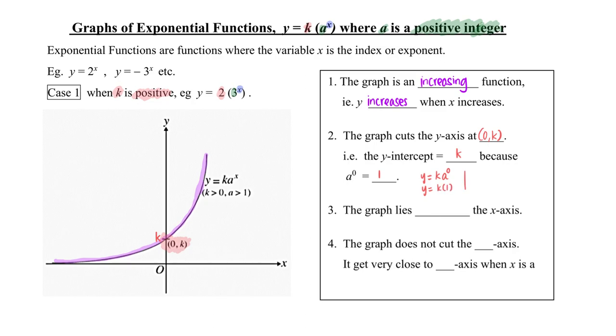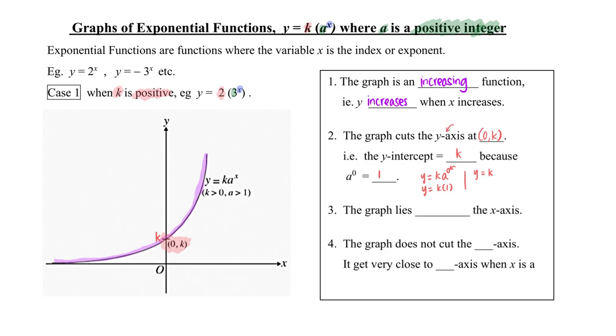So therefore y is equal to k when x is equal to 0, which is where it is at the y-axis.